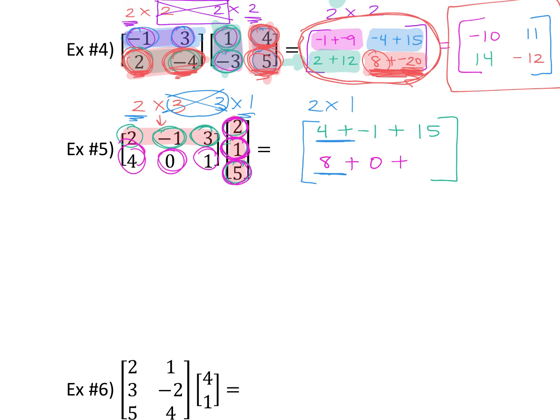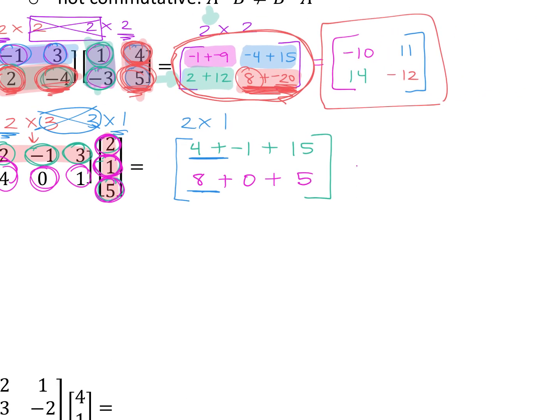Plus 5. 1 times 5 is 5. Okay, so that's your process, and now you just simplify it. On top, 4 plus a negative 1, that would be 3, plus 15 is 18. 8 plus 0 plus 5 is 13. So this is your answer.